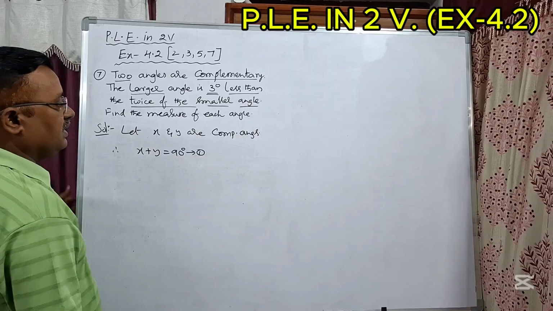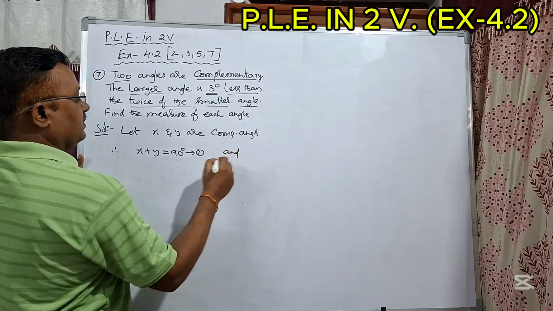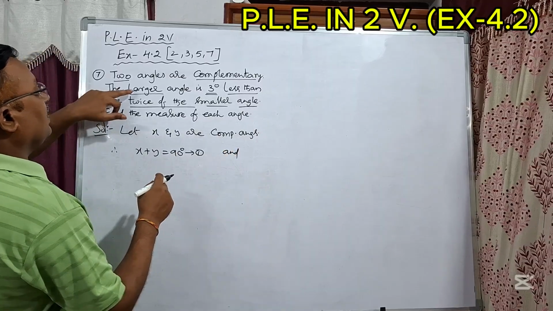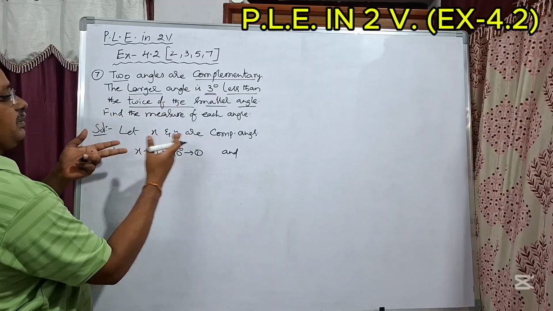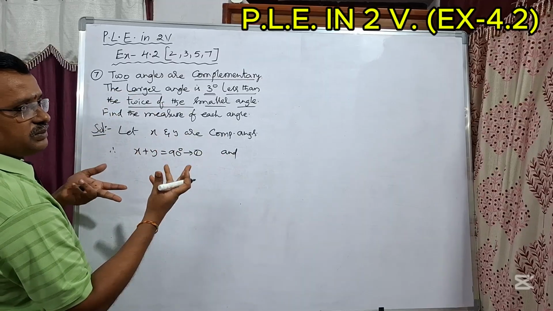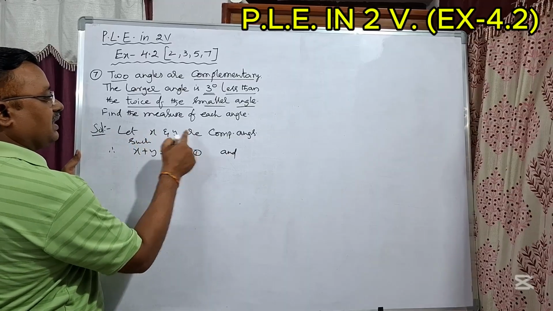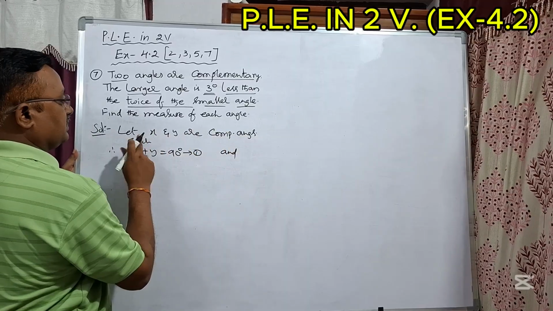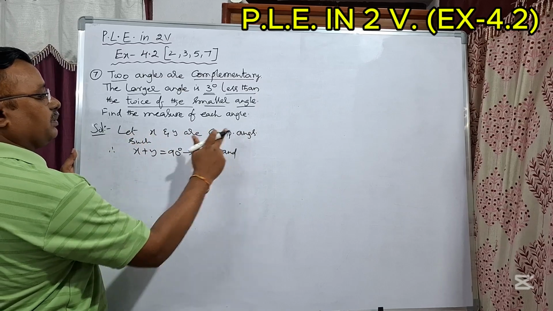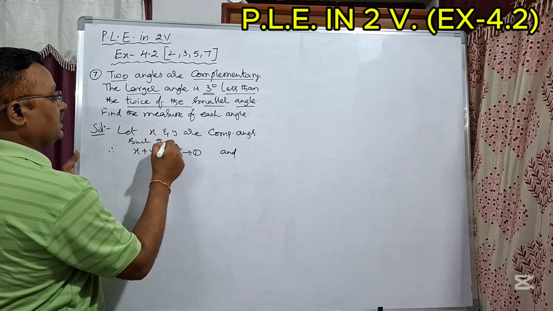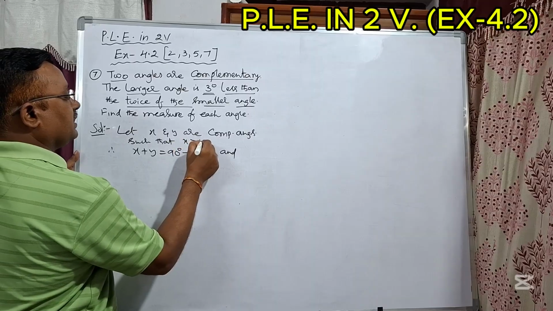Got it? And what is the second condition? Larger angle. But among these two, which is larger, which is smaller? How do we know? In the consideration, extend the process. Let x and y be complementary angles such that x is greater than y.